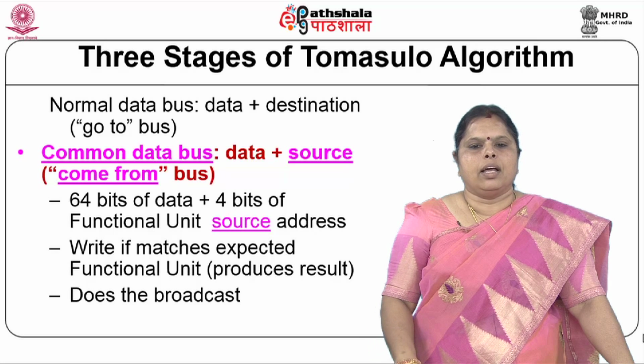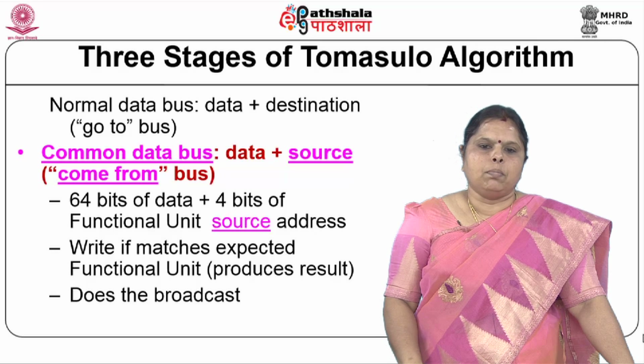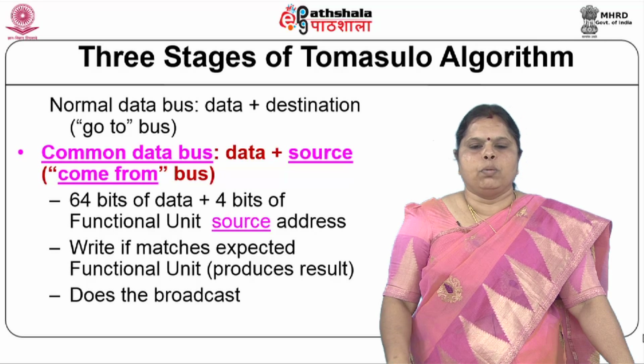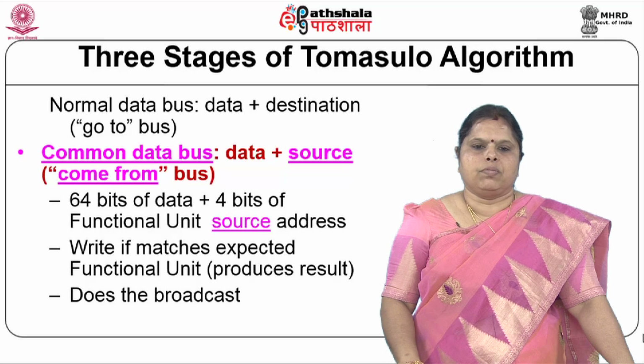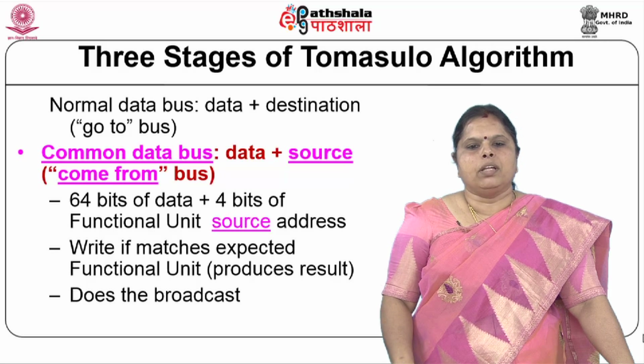So, the data as well as the information about the source register. For example, if you assume that you have 4 bits to represent the various reservation stations associated with the functional units, then 4-bit information which gives the source information and the 64 bits of data are transmitted on the data bus, common data bus.